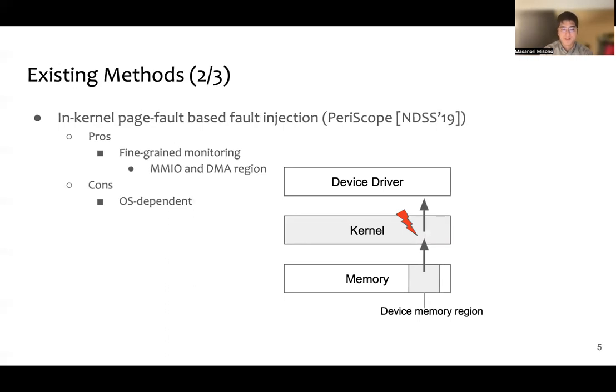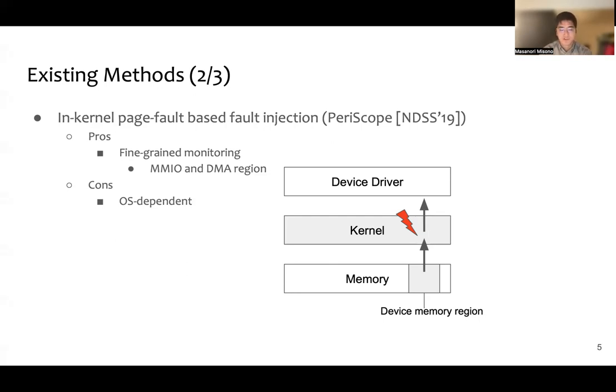Alternatively, there is an in-kernel page fault-based fault injection scheme to test device drivers. In this approach, the in-kernel fault injector detects the memory region used by device drivers by incorporating a kernel's device API. The fault injector modifies the page table to cause a page fault when a device driver accesses that memory to read values from devices.